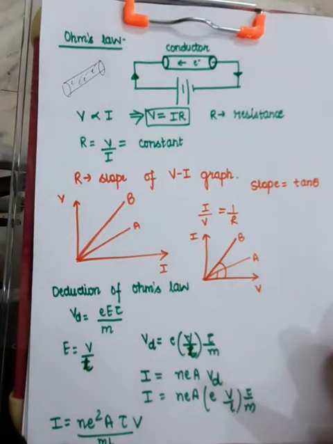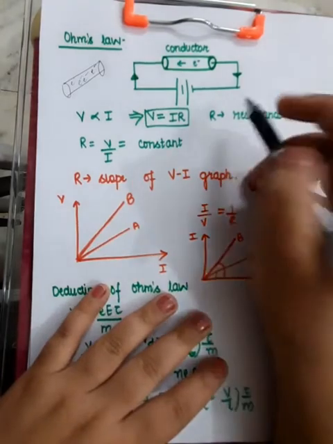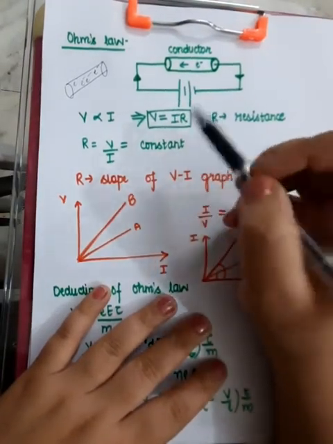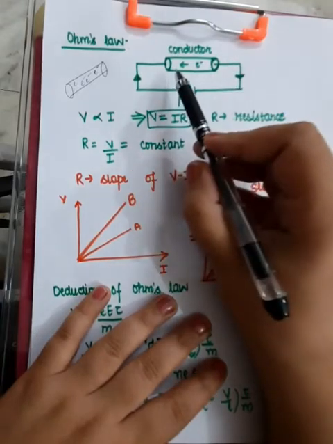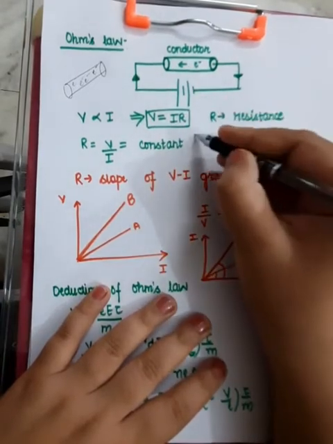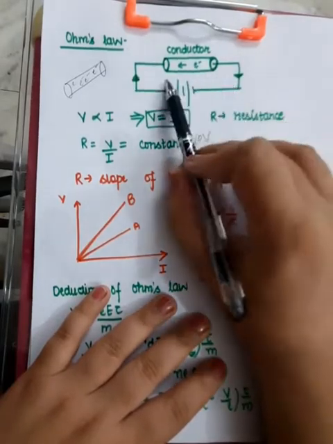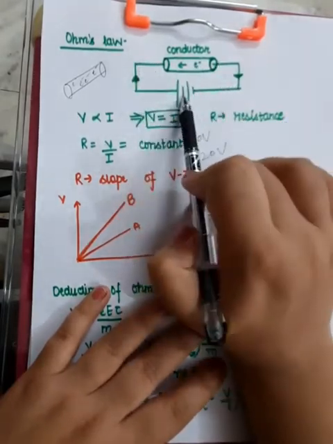But what is resistance? We were expecting that the more powerful the battery I apply, the more current will flow through the conductor. I thought that instead of 10 volts, if I apply 20 volts, more current will flow through this conductor.